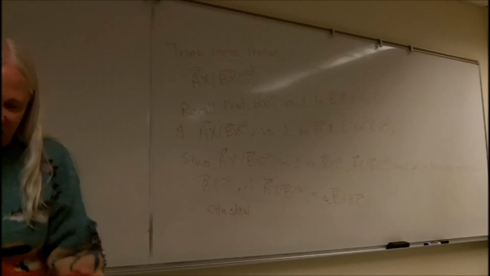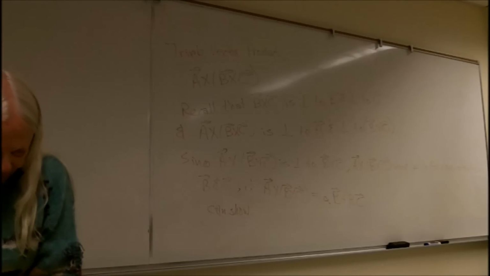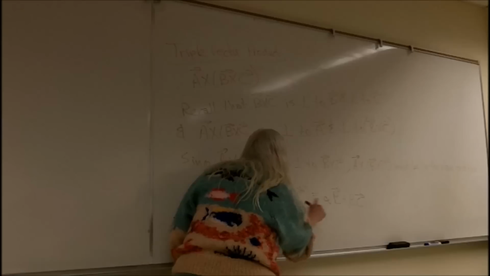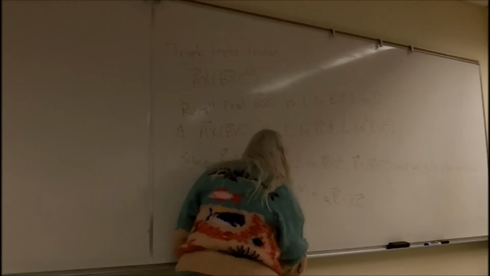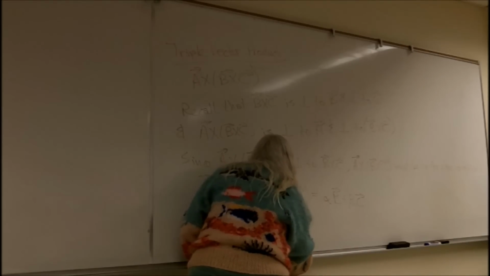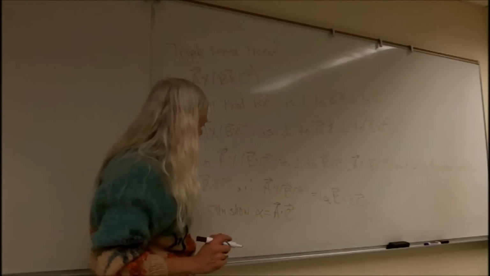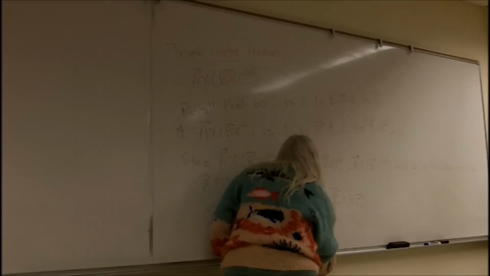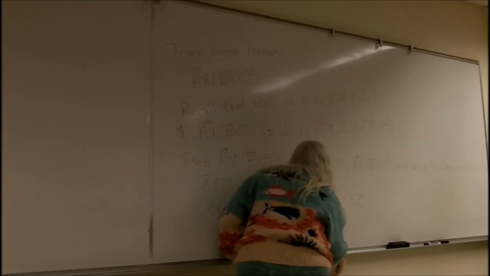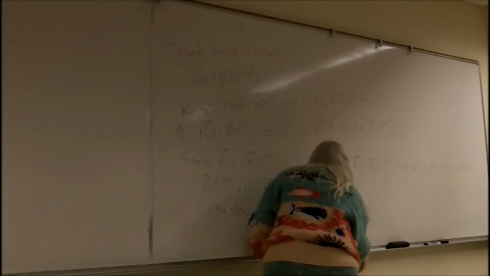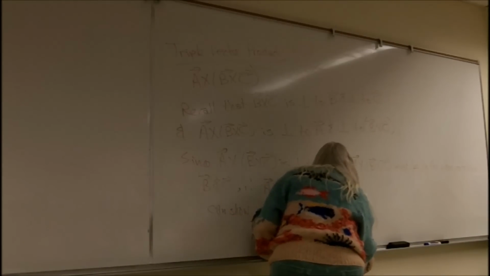But you can show that alpha, the coefficient of the B vector here, is A dot C. Of course, A dot C is a scalar, not a vector, right? So that's a perfectly okay thing for alpha to be. And that beta, the coefficient of the C vector, is equal to minus A dot B.